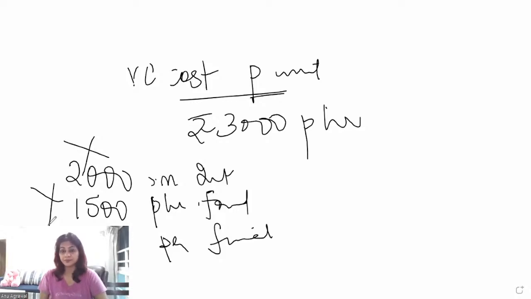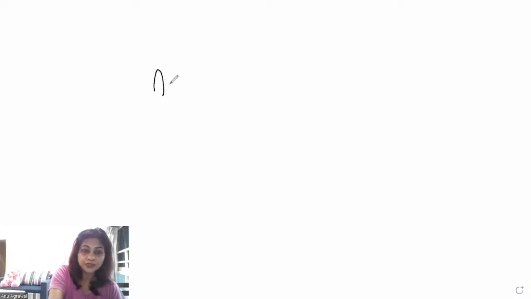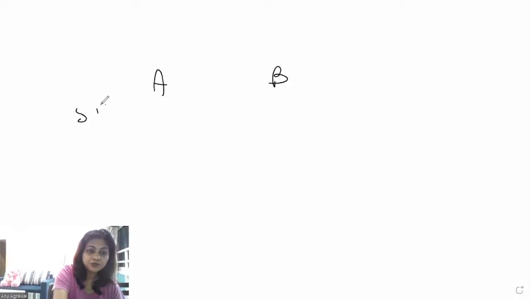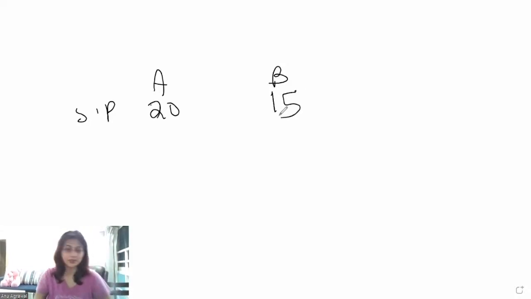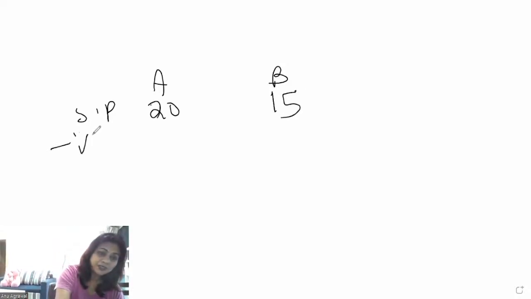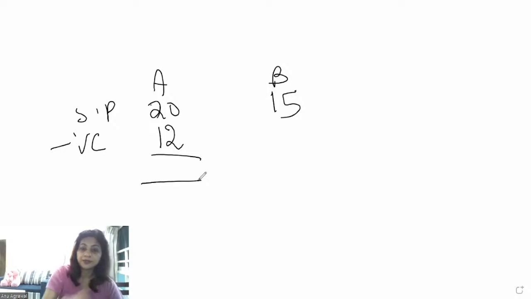Simple decision. Okay, now instead of teaching, let me put it in a manufacturing industry. For example, there are two products, A and B. A can be sold for 20 rupees. B can be sold for 15 rupees. If I manufacture A, I will be incurring a variable cost of 12 rupees per unit.